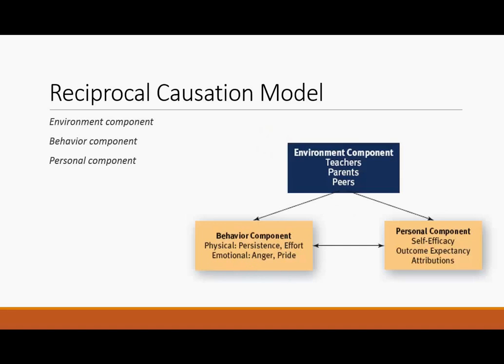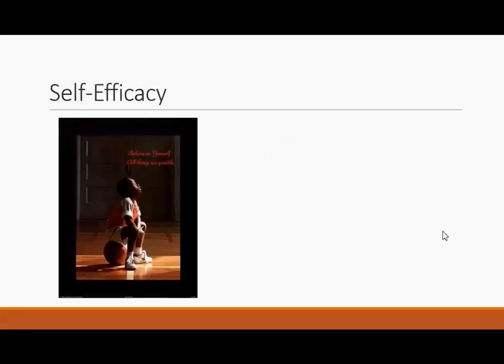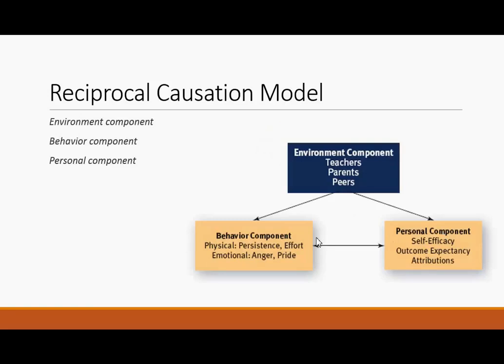Okay, and you see how these can lead to one another, with teachers and parents and peers moderating the other two. The behavior component is reciprocal with the personal component, where the environmental component is outside, affecting both behavior and the personal component.